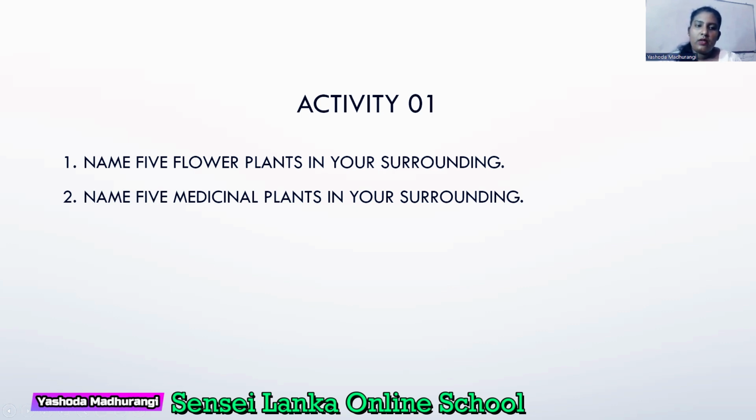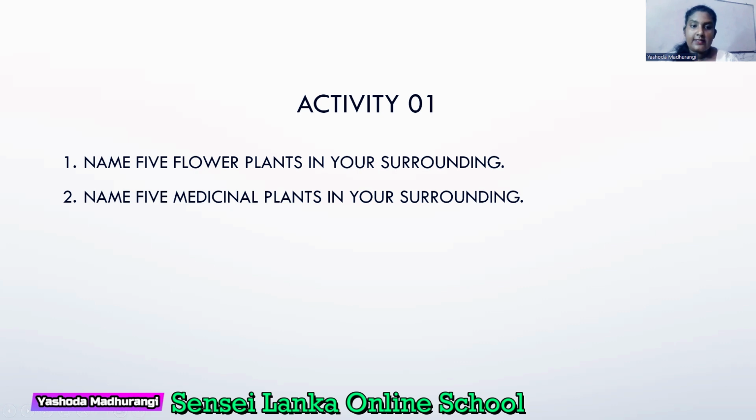So number 2. Name 5 medicinal plants in your surrounding. What are the medicinal plants you know? What are the medicinal plants that we can use as the medicine? There may be kohomba, margosa leaves. There may be curry leaves.